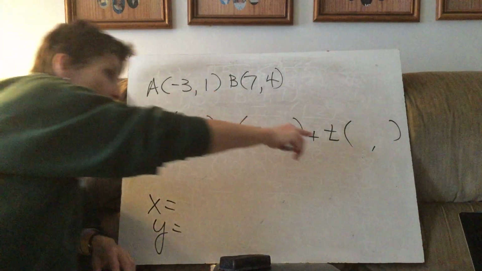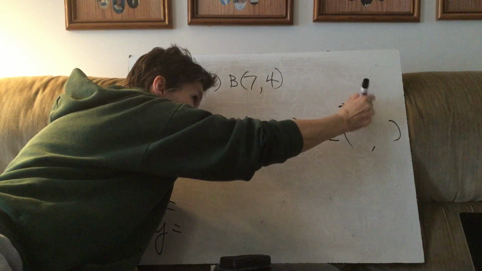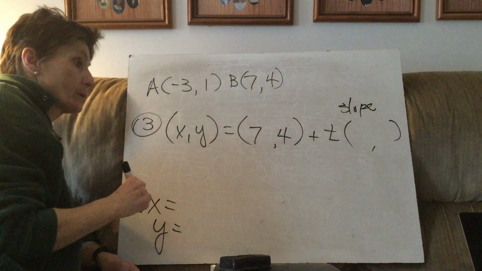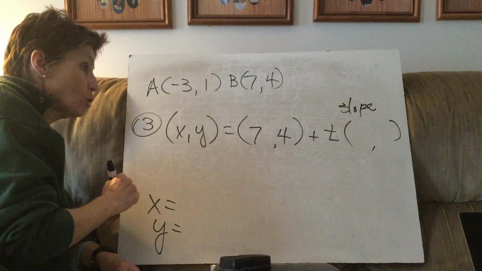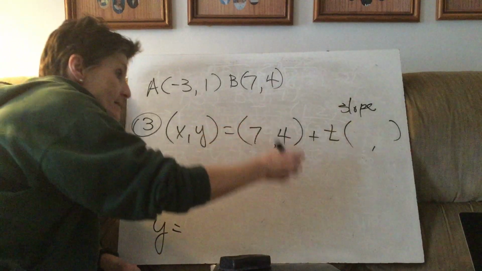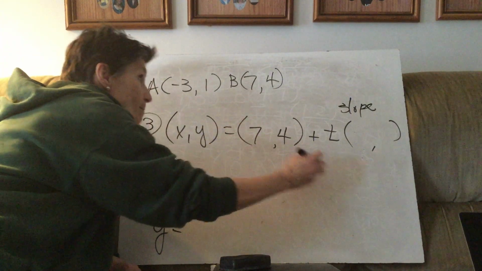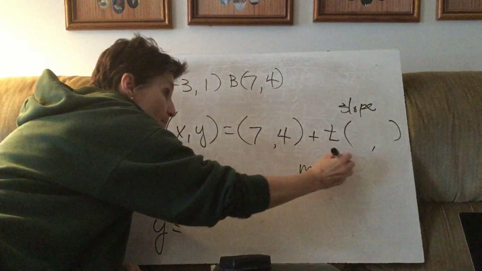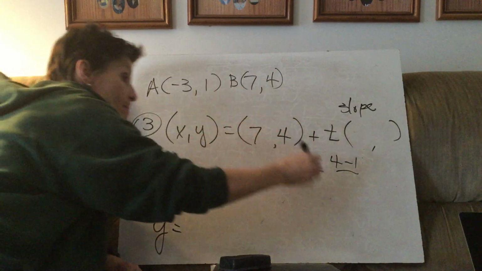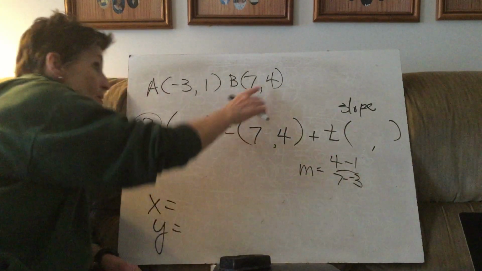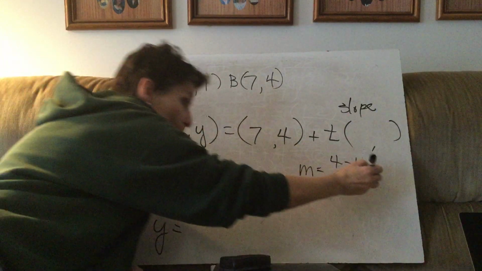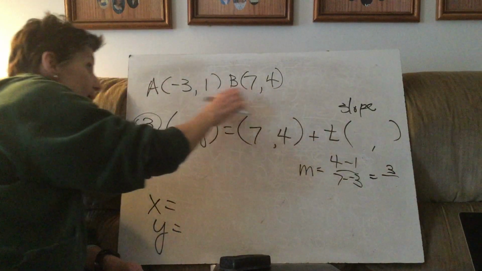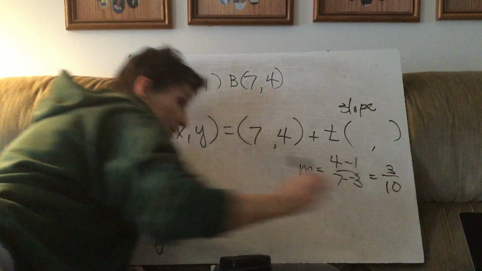Now remember, what goes here is the slope. So if we're going to find the slope here, we're going to say our slope is y minus y over x minus x. So y minus y, that's 3, over x minus x, which is 10.